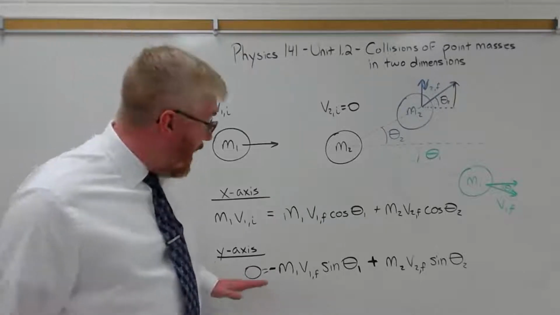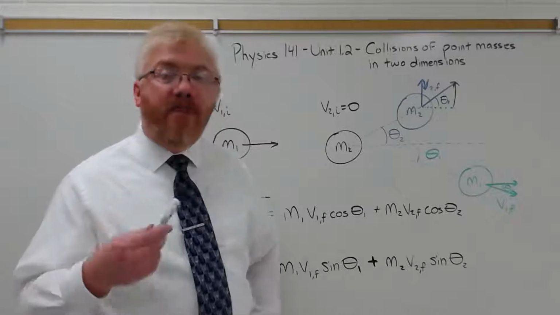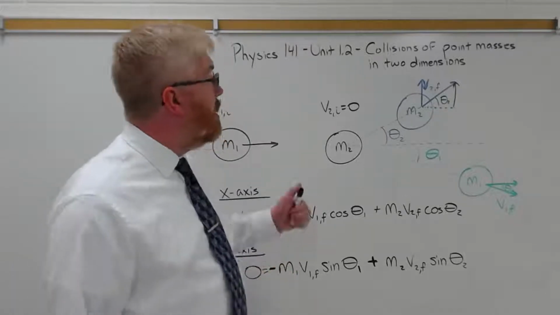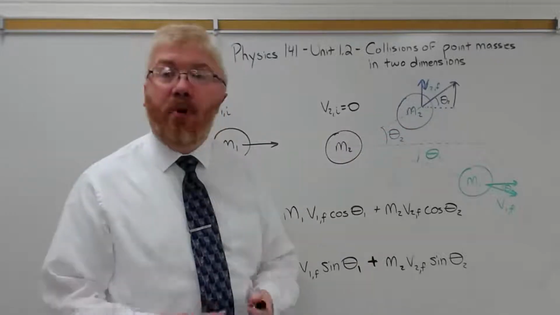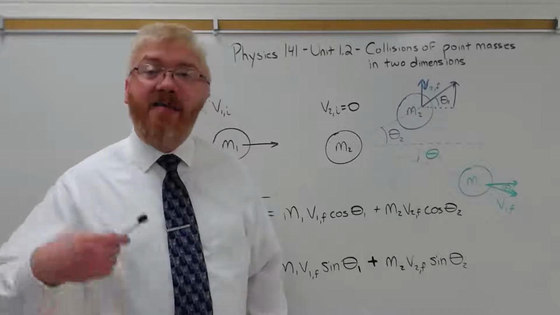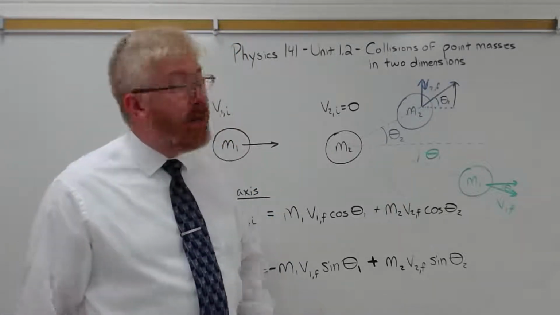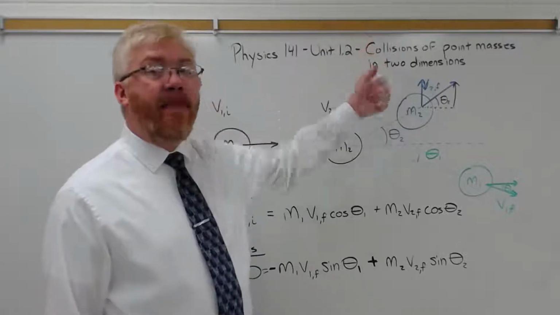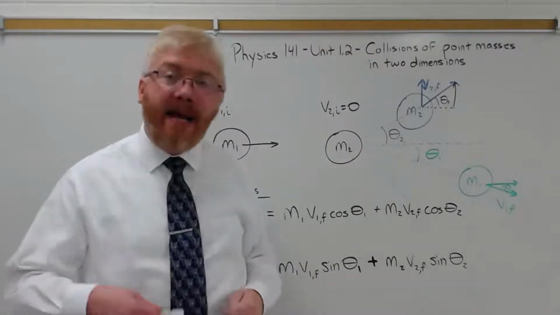So be careful when you're doing these conservation of linear momentum problems that you define the momentum appropriately. If an object is moving to the right, it has some positive x momentum. If it's moving to the left, it has some negative x momentum. If some component is moving up, it has positive y momentum. If some component is moving down, it has negative y momentum.